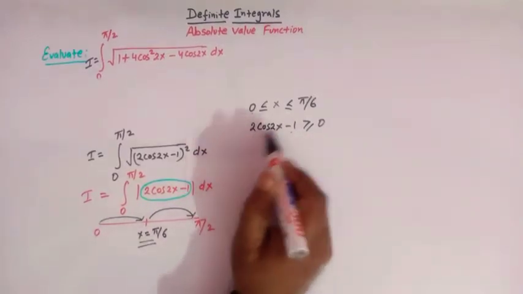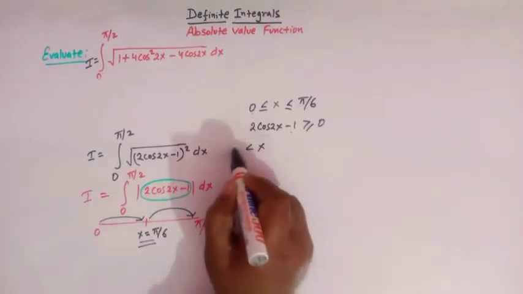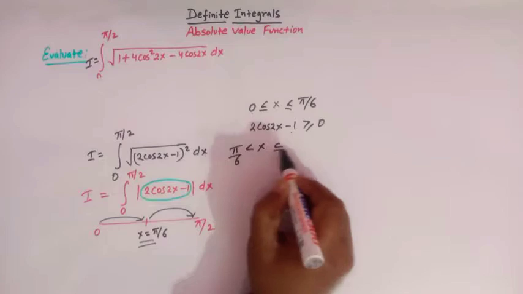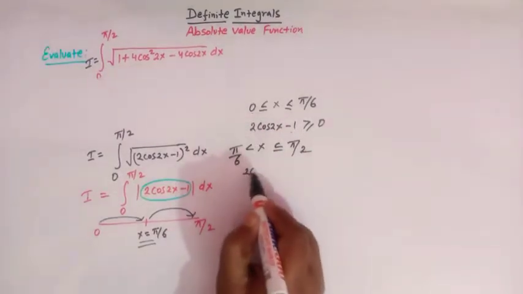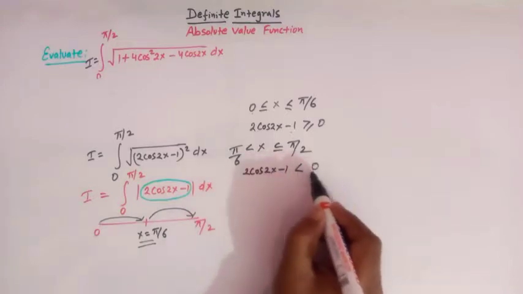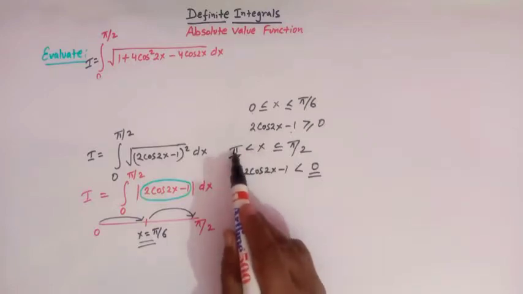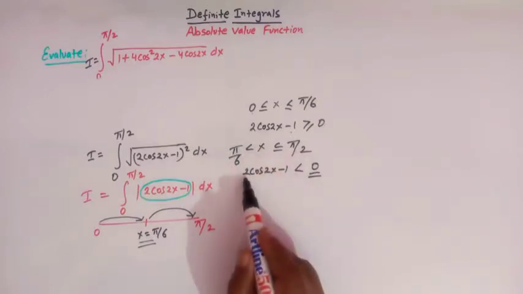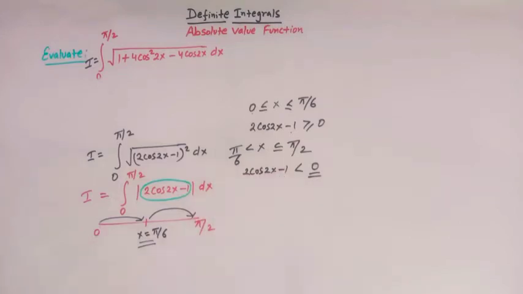And similarly, when x lies between pi by 6 and pi by 2, then the value of 2 cos 2x minus 1 is less than 0, or in other words, 2 cos 2x minus 1 is a negative quantity.